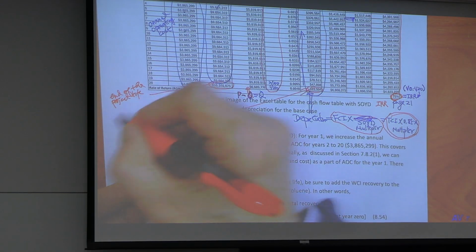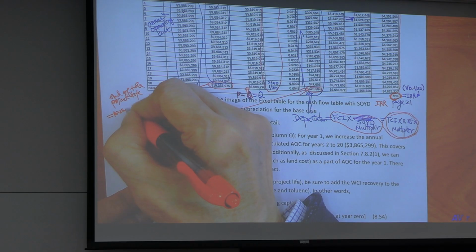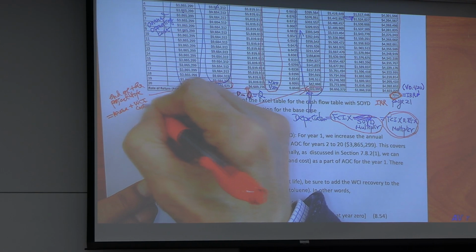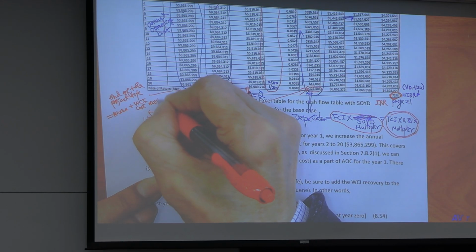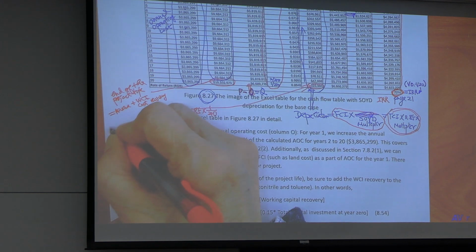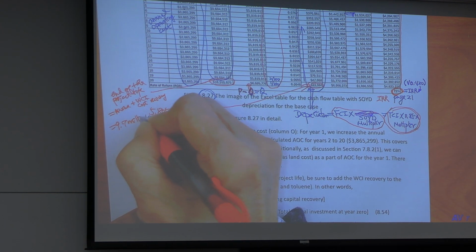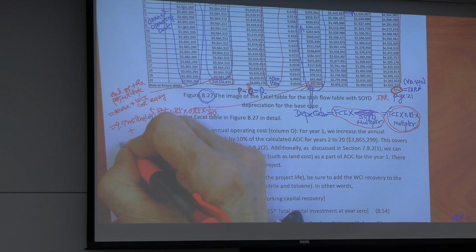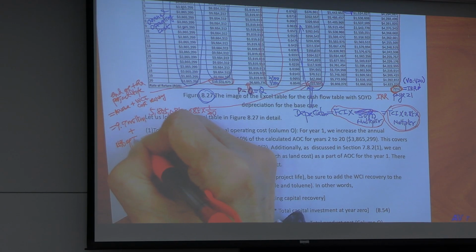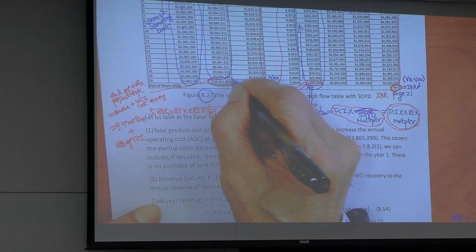Revenue plus WCI cost recovery. So that is $9.7 million plus 15% of TCI. That's why this number is larger.